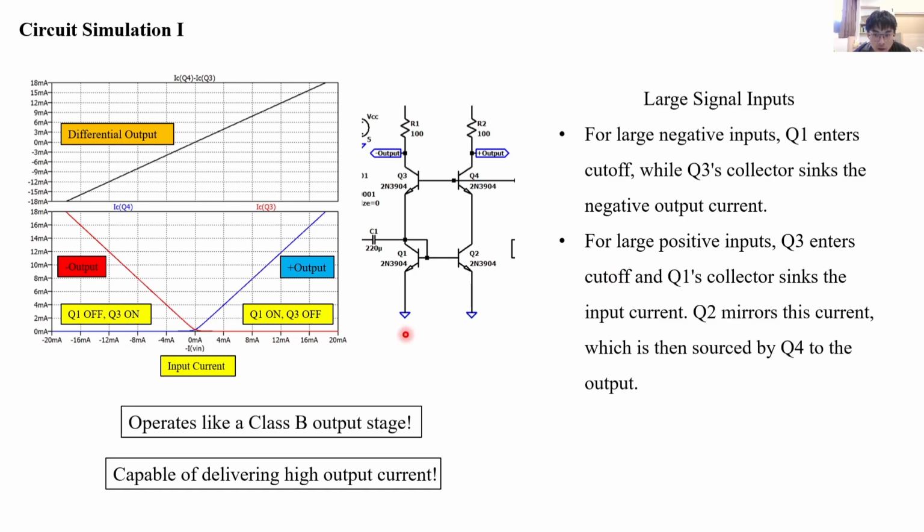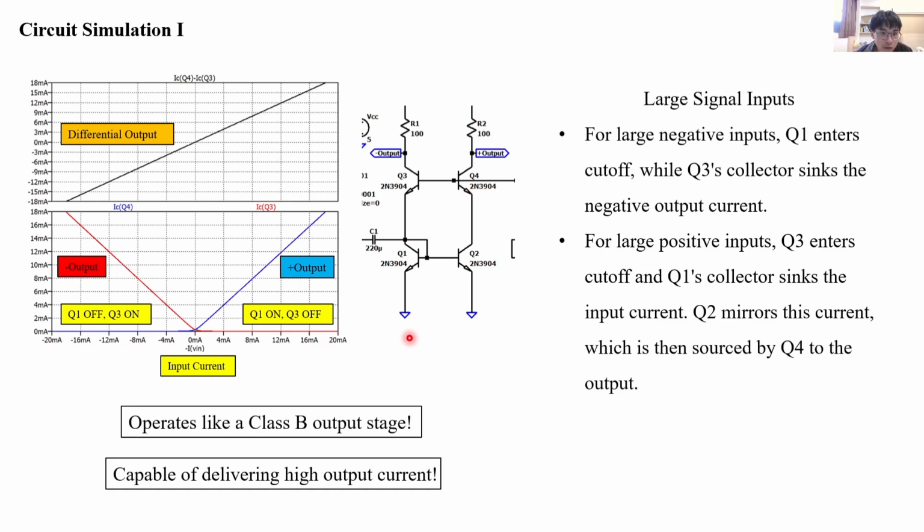And for large positive input, because the voltage of the emitter of Q3 goes down, Q3 enters cutoff, and Q1's collector sinks the input current, and Q1 and Q2 is a current mirror, so Q2 mirrors the current, which then Q4 shows to the output.